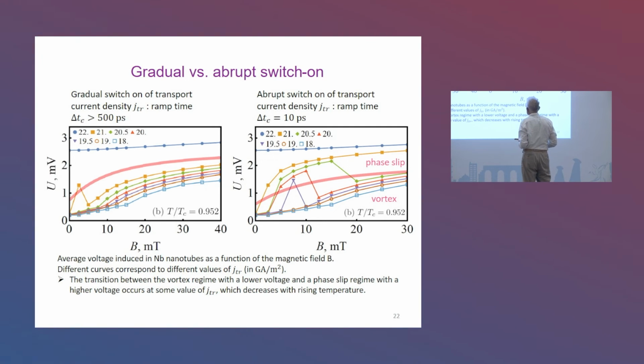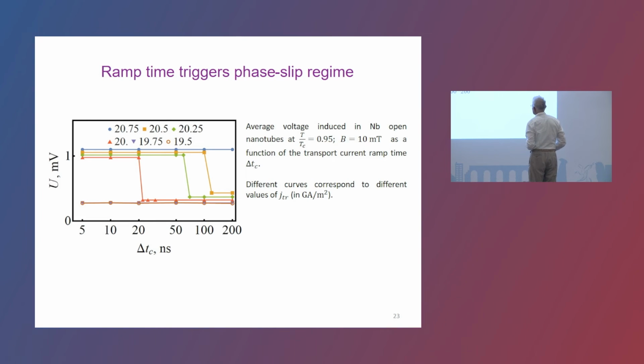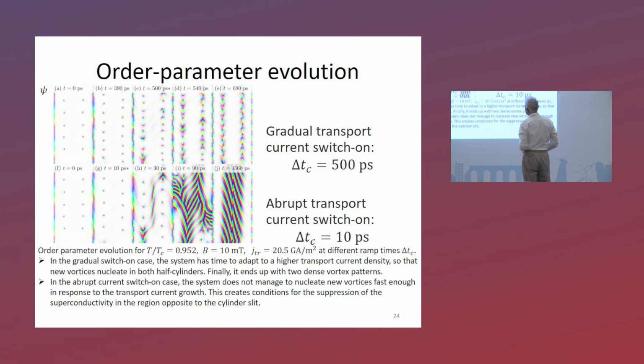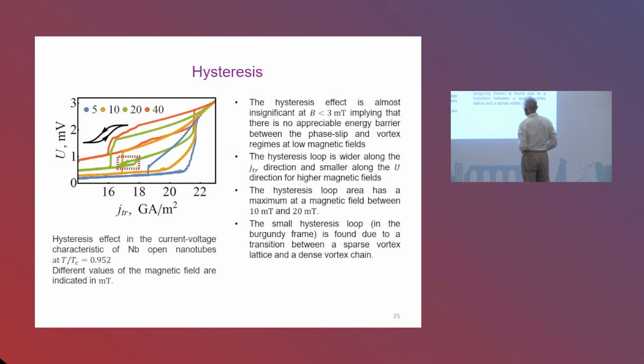When the ramp time is large enough, only vortices appear, but if the ramp time is small, we can in fact visualize the metastable state with phase slips very confidently. Next one. Good. This is a hysteresis.